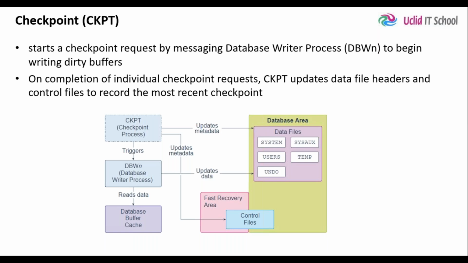A checkpoint background process starts a checkpoint request by messaging the database writer to begin writing dirty buffers. So at some intervals, all the modified buffers will be written to the database. To optimize performance, as and when you modify a buffer, it will not be written immediately.